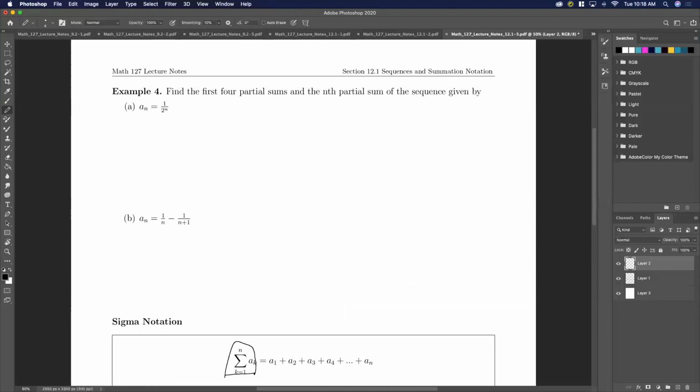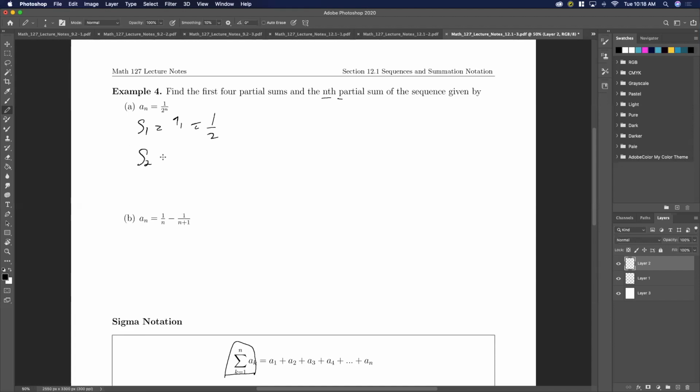All right. And so the reason we find the first four before we find the nth partial sum is because the first four give us a hint of how to find the nth partial sum from the tricks we've learned already. So let's do this. So S1. S1 is equal to A1, right? Well, what's A1? A1 is just 1 over 2, right? So this is just a half, right?